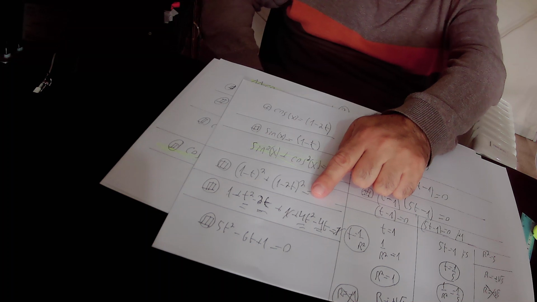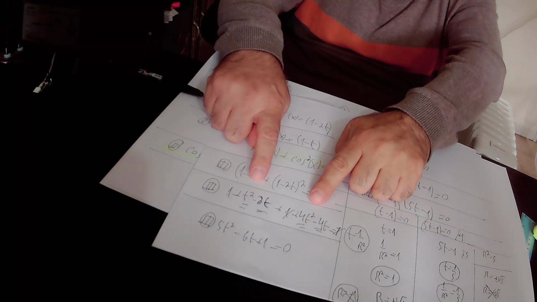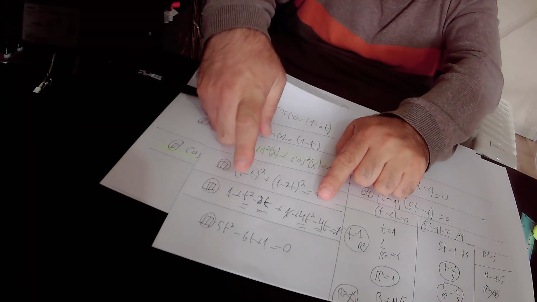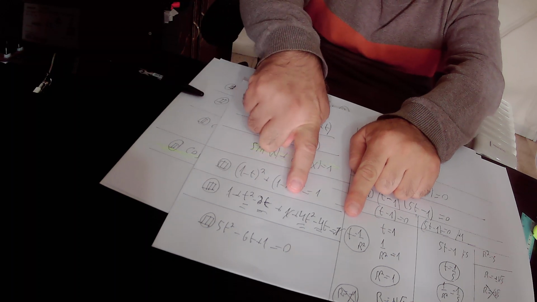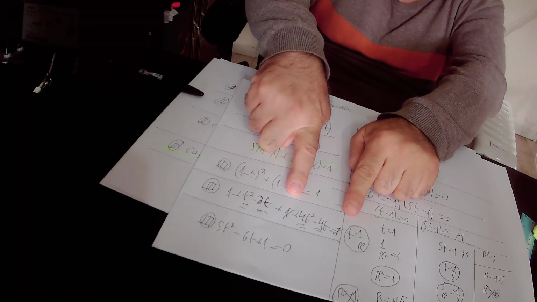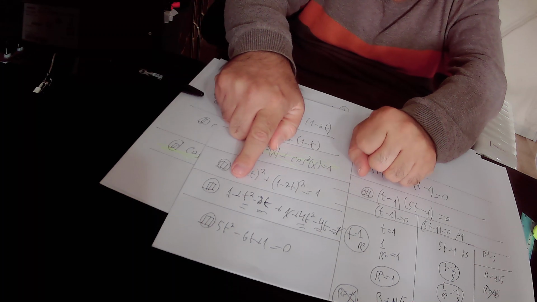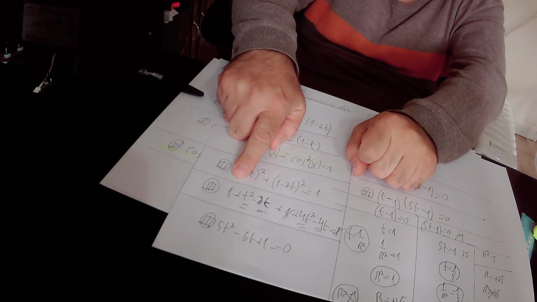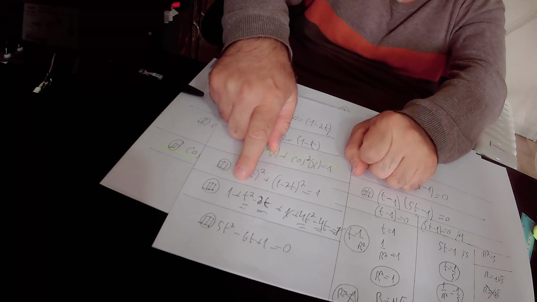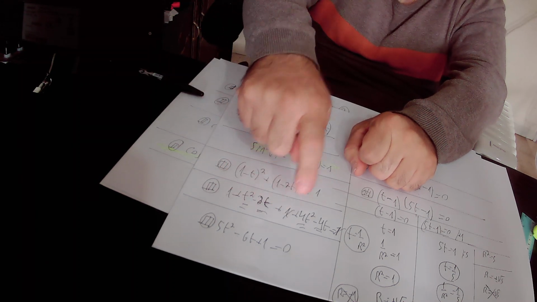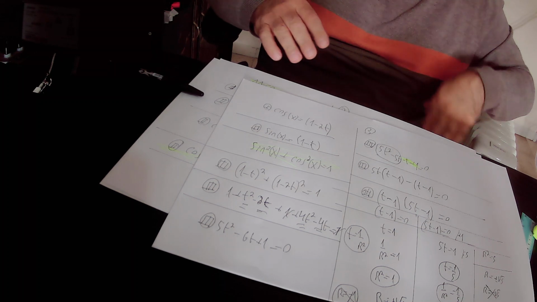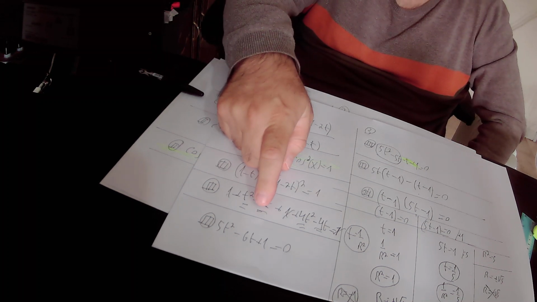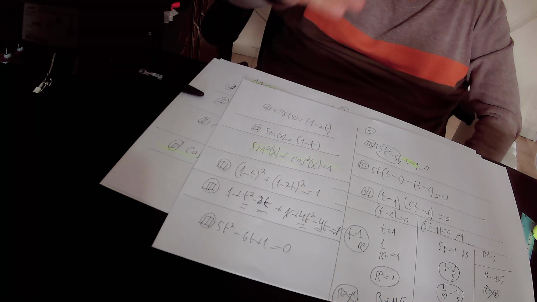So t squared plus 4t squared is 5t squared. Here we have 1 on both sides of the equation, so the 1 will get cancelled. In conclusion, according to equation number 3, 5t squared minus 6t plus 1 equals 0. Then we substitute minus 6t by minus 5t minus t.